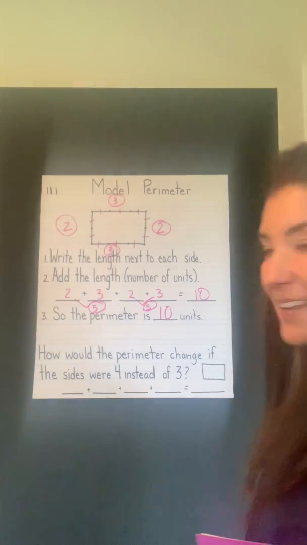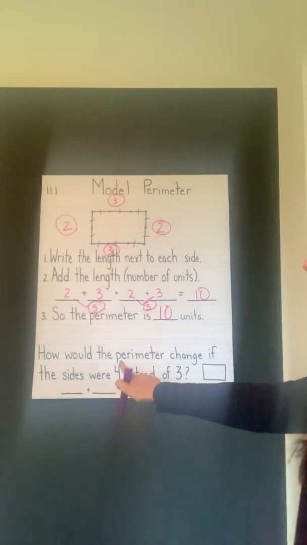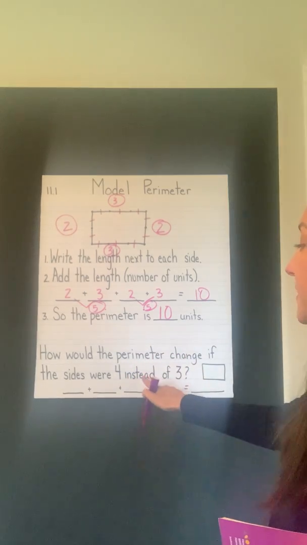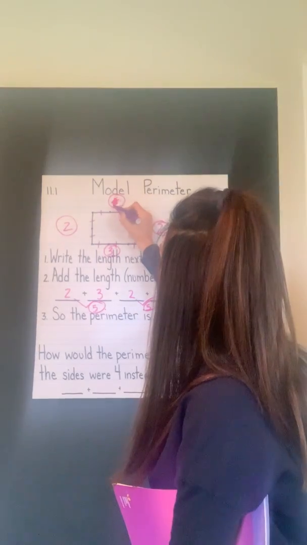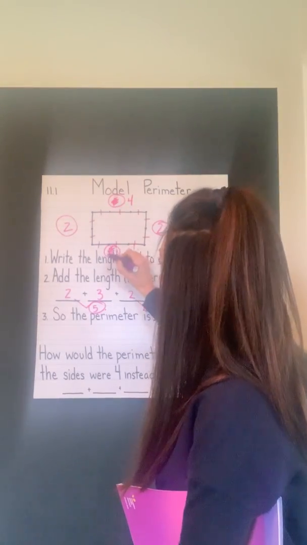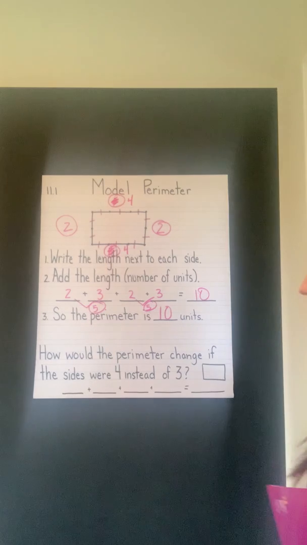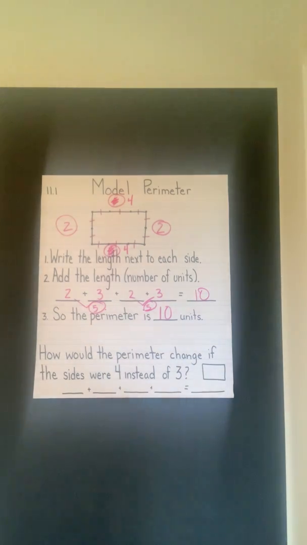Okay? Let's try another one. How would the perimeter change if the sides were 4 instead of 3? So let's cross this out. 4. Cross this one out. 4. How's that going to change?